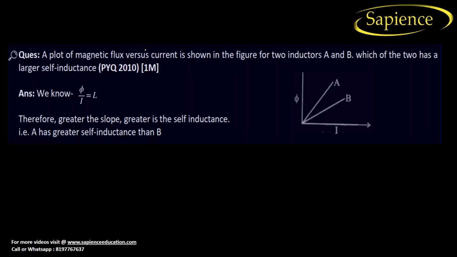Now see here, one more question: a plot of magnetic flux versus current is shown in a figure for two inductors A and B. Which of the two has the larger self-inductance? So this is flux and this is your current.